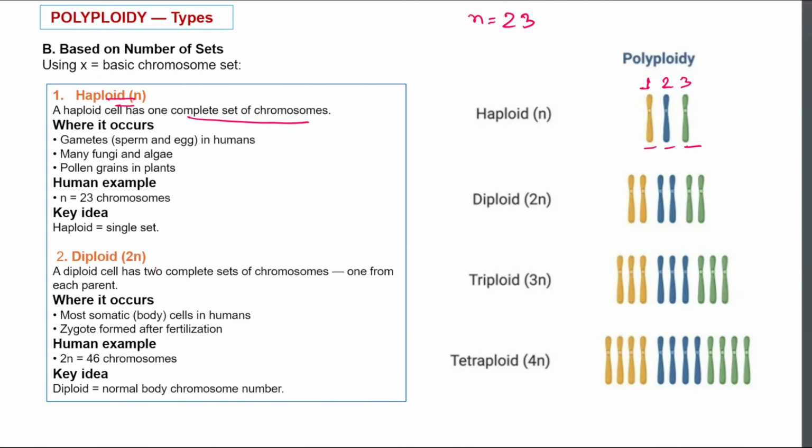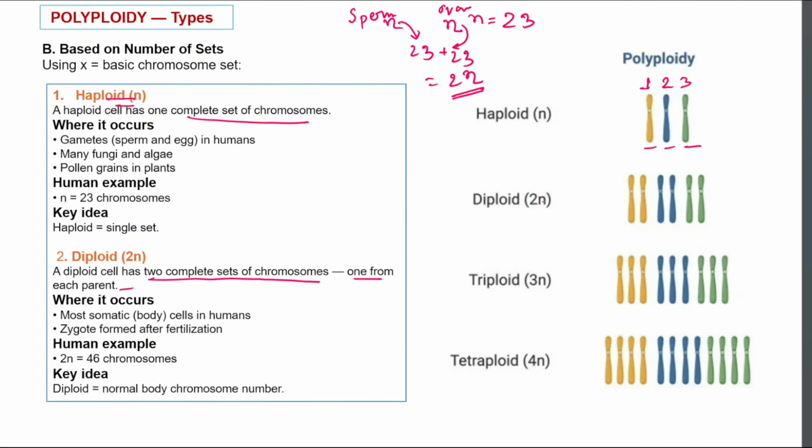Diploid has two complete sets of chromosomes, one from each parent. The sperm contributes n, 23 chromosomes, and the ovum contributes another haploid set that joins with the sperm and forms 2n, that is called diploid. So two complete sets of chromosomes, one from each parent.